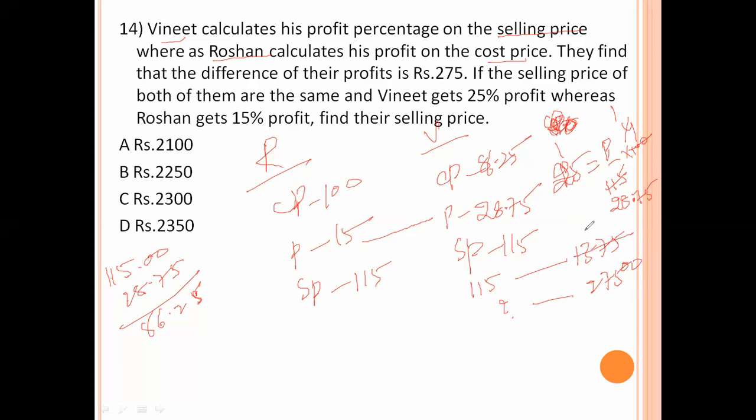Now divide 275 by 13.75, which gives 20. Then 115 into 20 is 2300, the selling price of these two persons, Vinith and Rohan. So option C is the right answer.